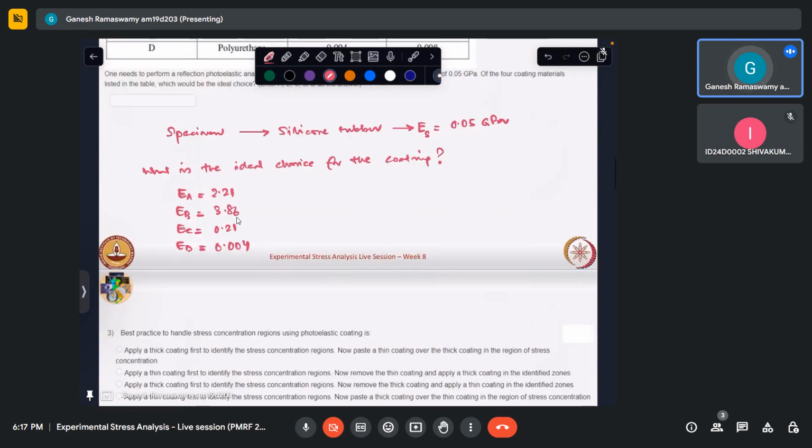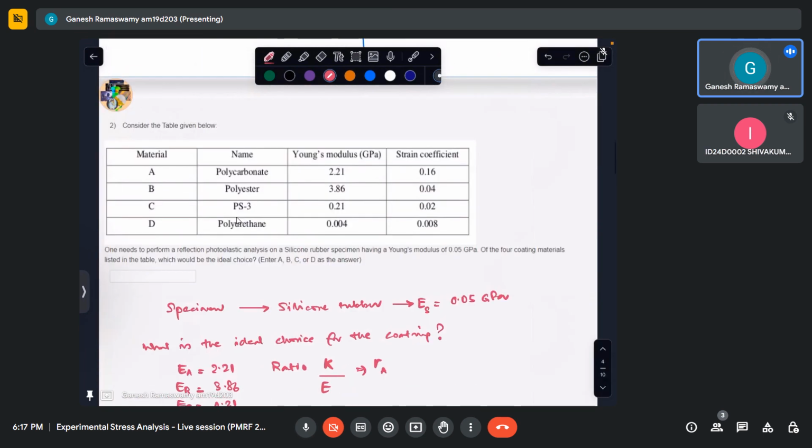So if I were to take the ratio of strain coefficient by the Young's modulus, this will come out to be RA. Let me just add a column here, R, which is equal to the strain coefficient by the Young's modulus. So let us evaluate these values.